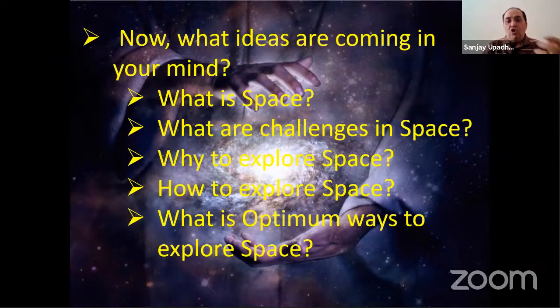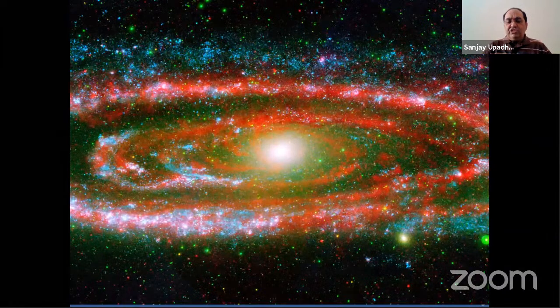So we need the optimum way to explore the space. As technocrats, as technical persons, we have to identify how to optimize, so we can reduce our budget, reduce our energy, and achieve more objectives and more productivity. So these are the questions in our mind.